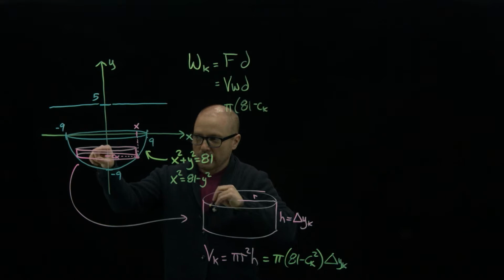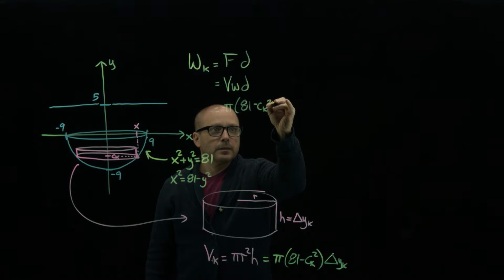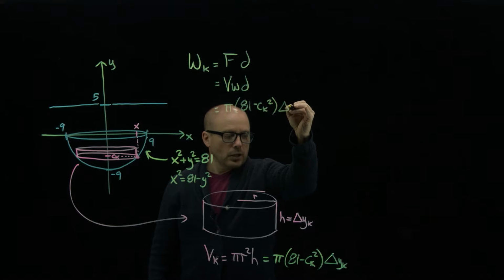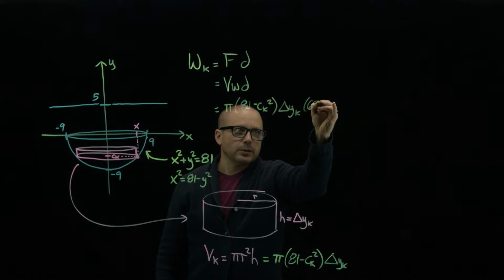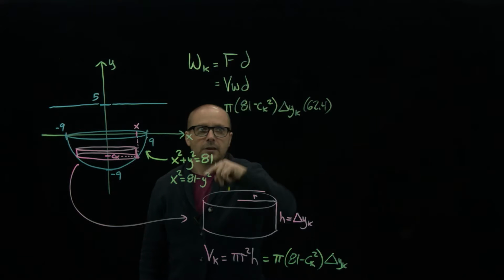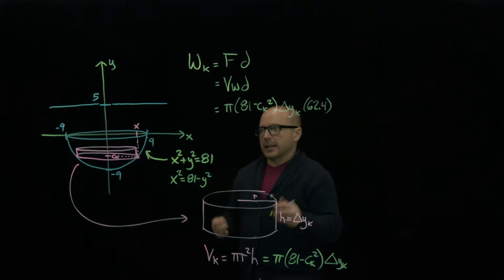It's definitely the volume of our approximation. There's volume. And if I'm not mistaken, we just had the standard 62.4 pounds per cubic foot on the weight density. And then D is how far are we lifting it up?